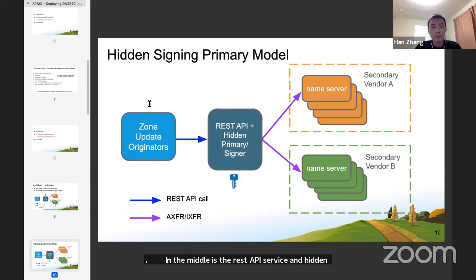The REST API service receives the input from the zone update originators, and then it sends the updates to the hidden primary by using dynamic updates. And from there, our hidden primary signs the zones and then does zone transfers of the signed copy of the zones to two DNS providers. And from there, our customers can query our zones and see the DNSSEC.